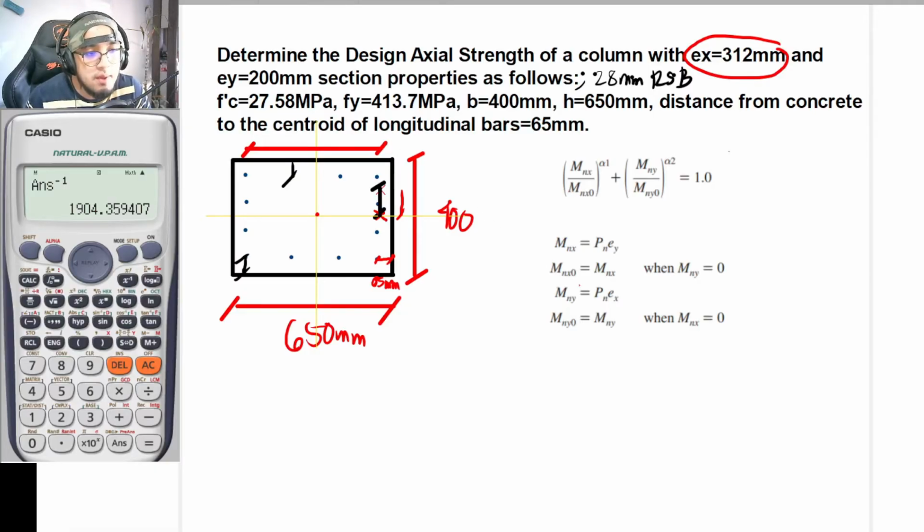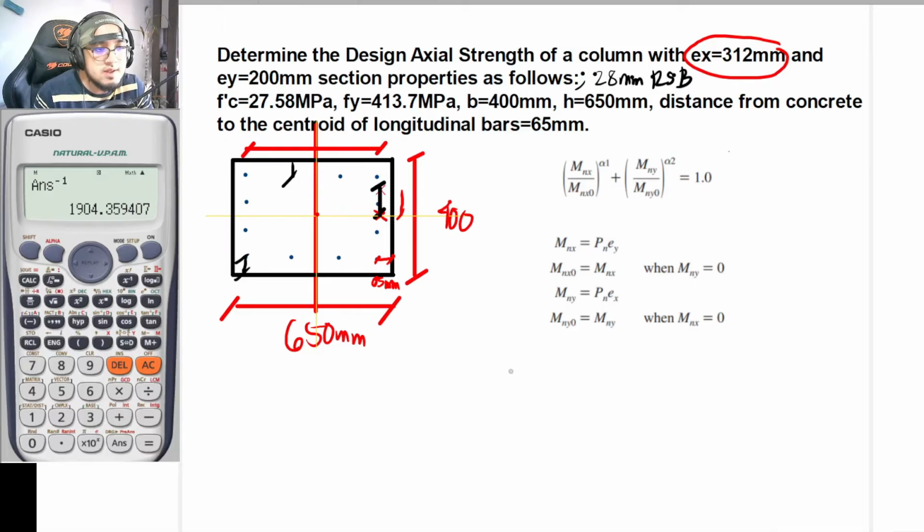And as for your MNY, if this is now your y-axis, for you to have a moment about that point, dapat yung eccentricity mo is EX. Pag sinabing MNY, EX dapat yung eccentricity mo. So with that, guys, let us rewrite this equation.